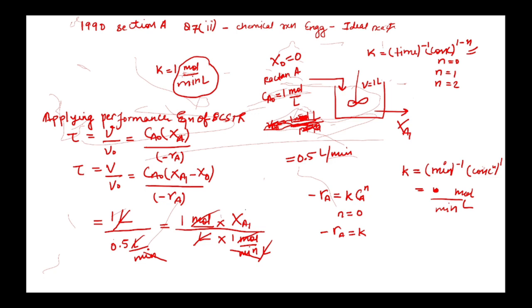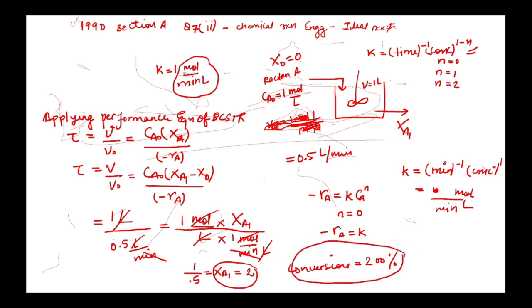Now what remains is XA1, which we have to find. No unit is remaining because conversion has no unit. Now solving, 1 upon 0.5 is equal to 1 into XA1 upon 1. So XA1 is 2. According to this, the conversion is 200%.